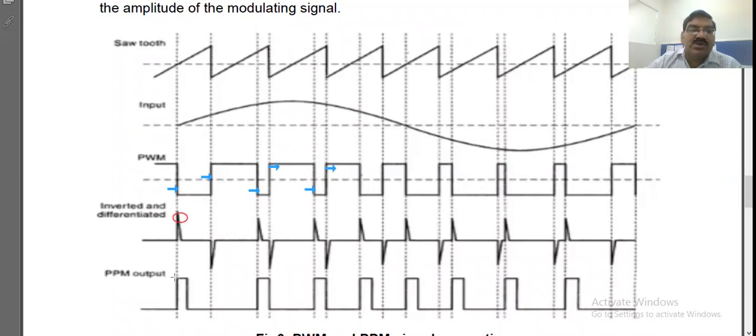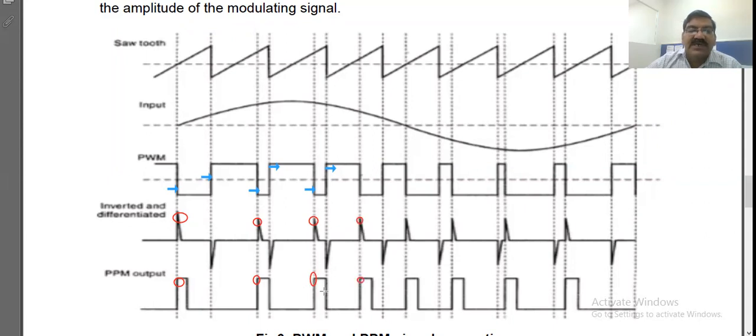For the positive pulse, this pulse is starting here. For the negative pulse, nothing, you don't have to do anything. Again, you have to sense the positive pulse, and the pulse will start here. Again you sense the positive pulse, the pulse will start here.